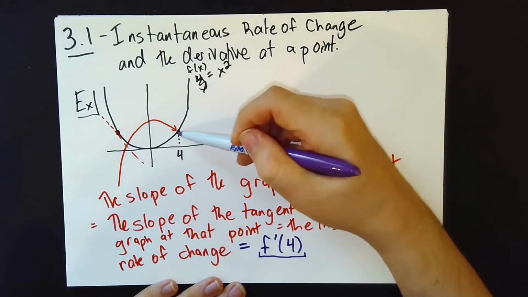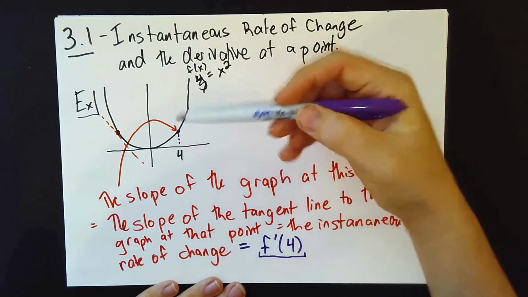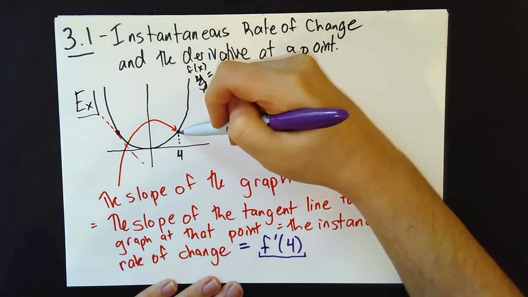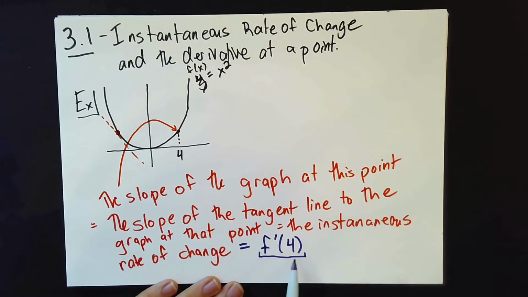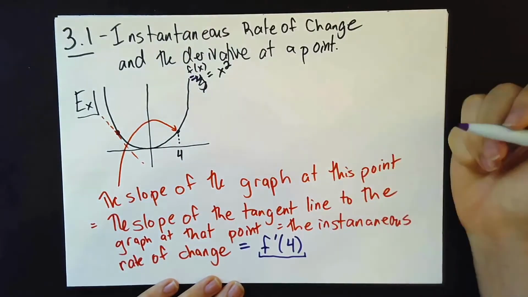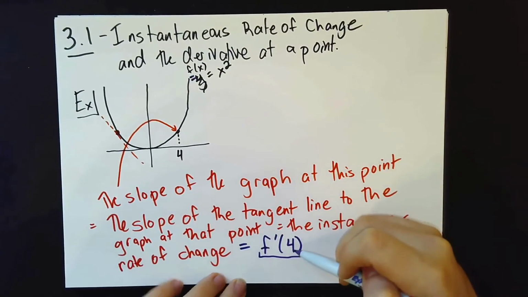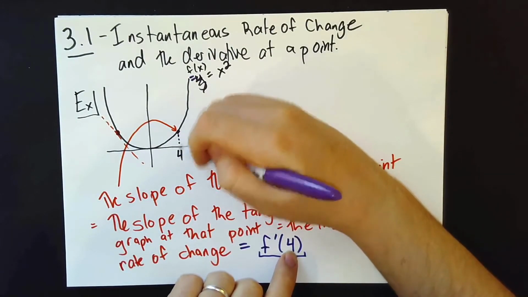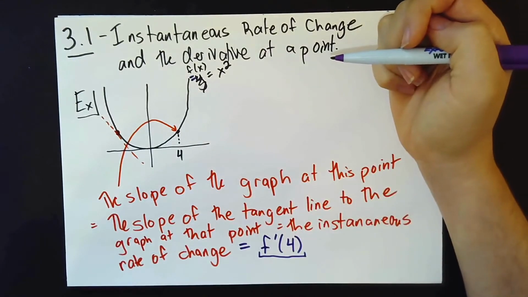And so the slope of the graph at this point, or the instantaneous rate of change, the slope of the tangent line, any of these different things, I'm going to write all of those by f prime of 4. The f is because this function is f. And the 4 is because that's the point on the graph that I'm looking at. That's the input where I'm talking about this.